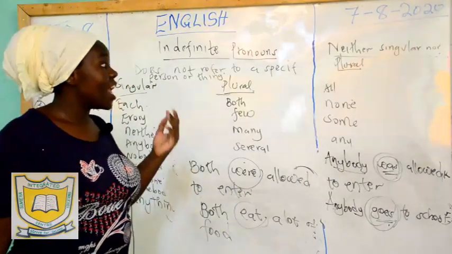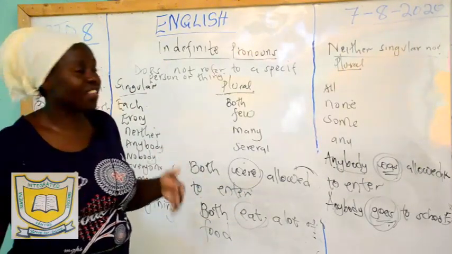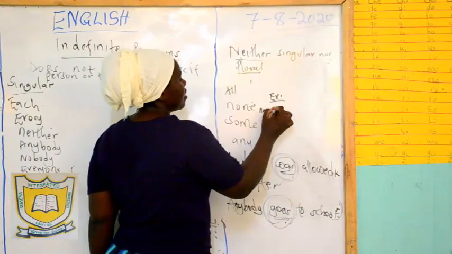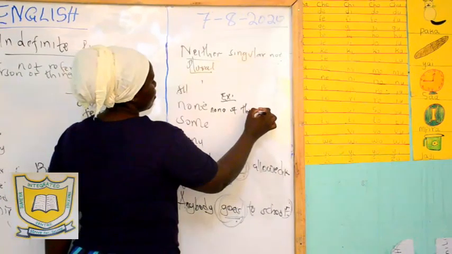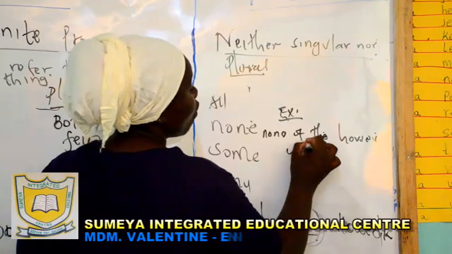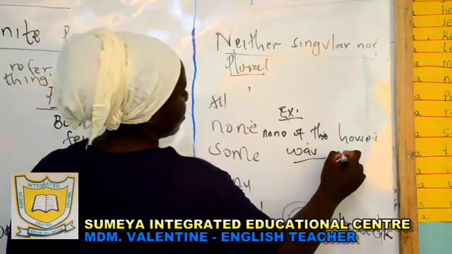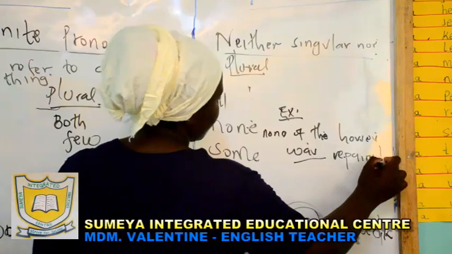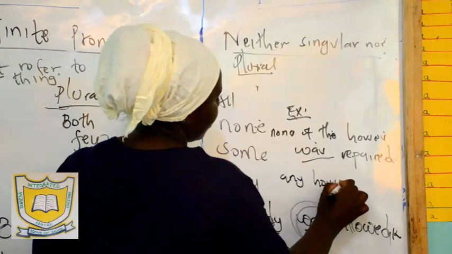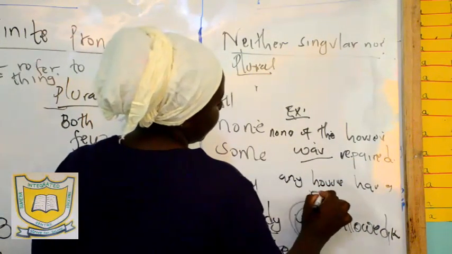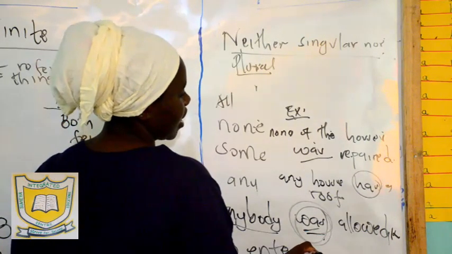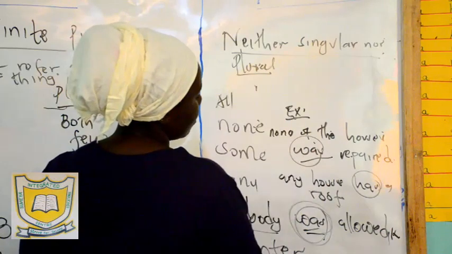Example in a sentence: none of the houses was repaired. But I'm going to say any house has a roof. Any house has a roof. So I'm going to have has here as a singular helping verb, and any house has a roof.